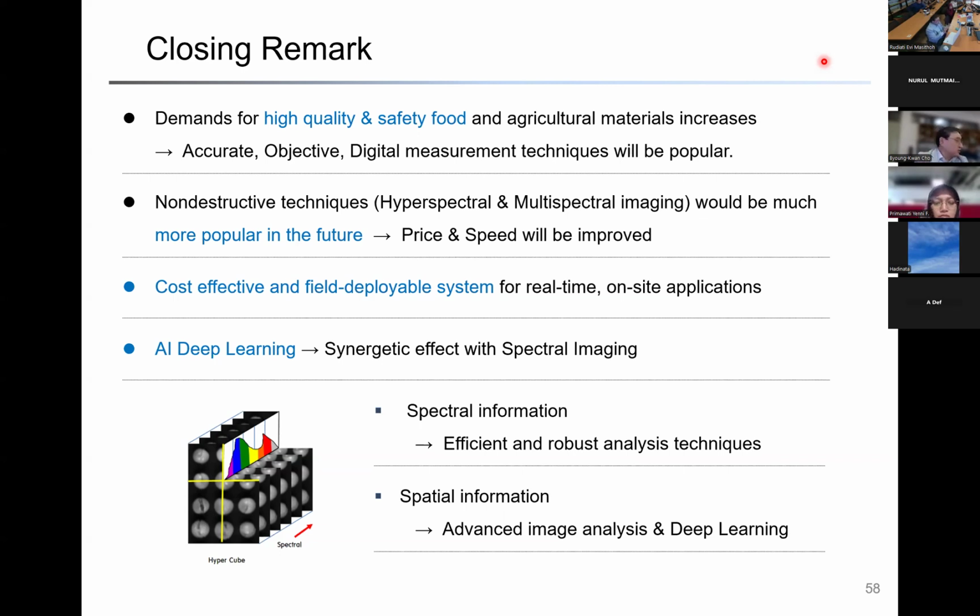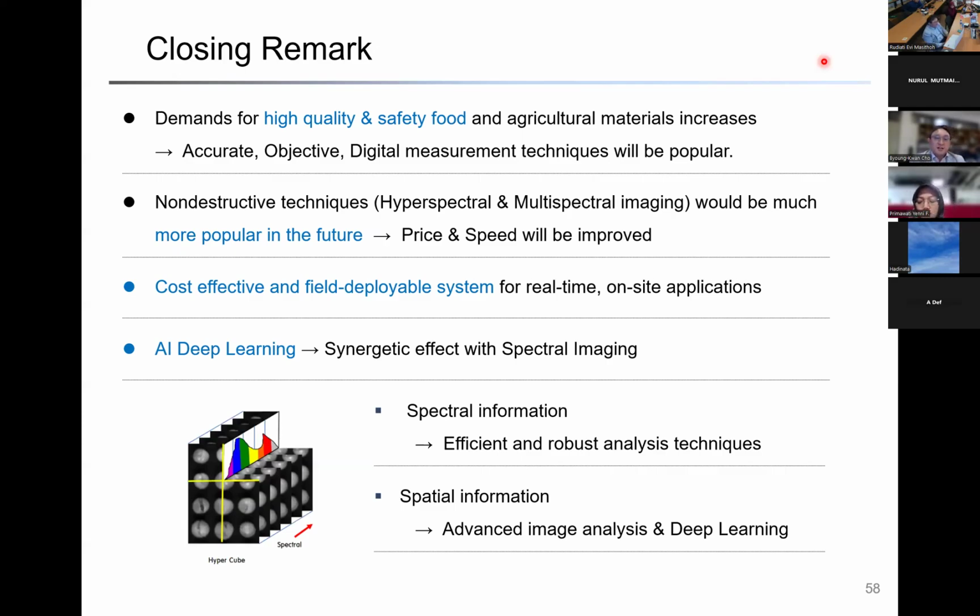Like a white panel, we assume it's 100% reflectance, and sometimes a 30% reflectance material, sometimes 60% reflectance panels also.